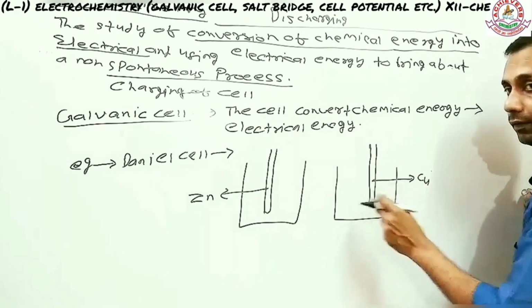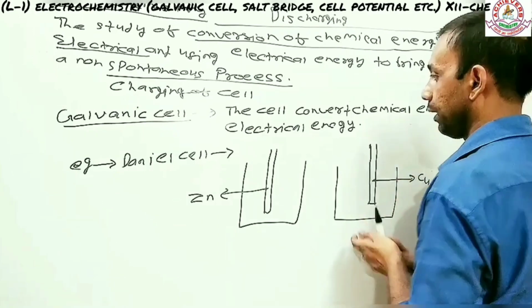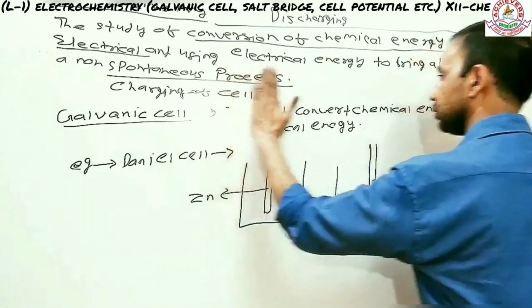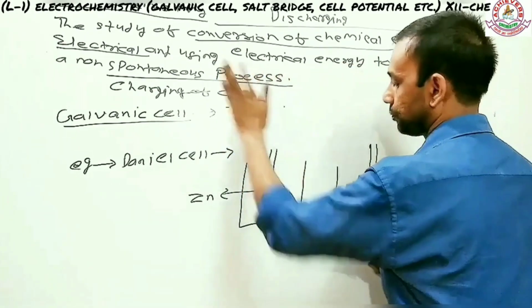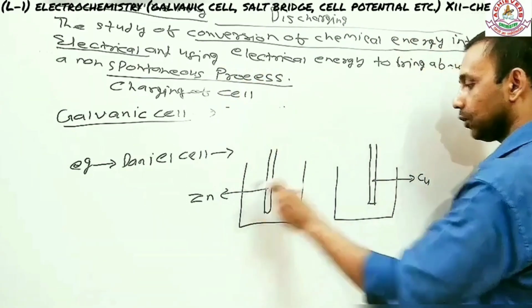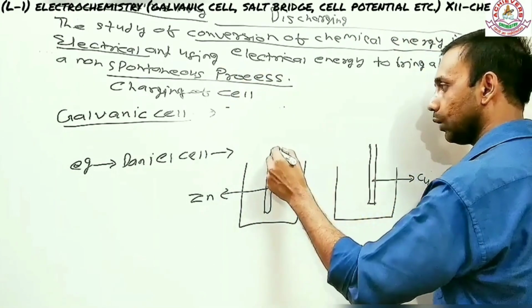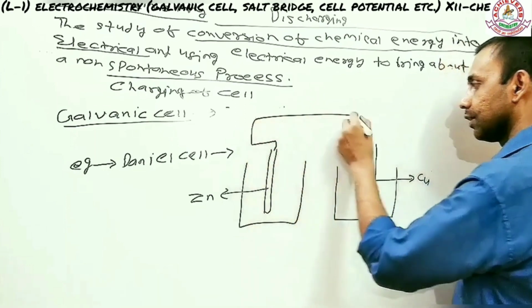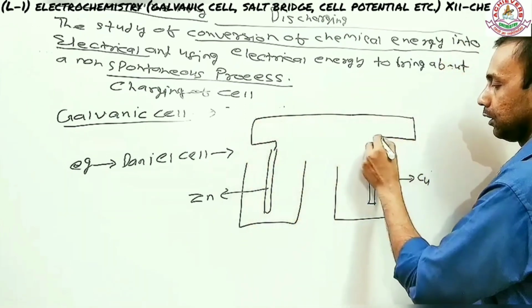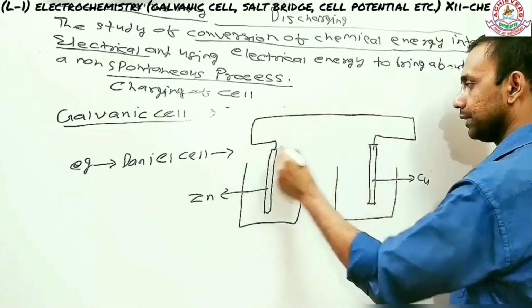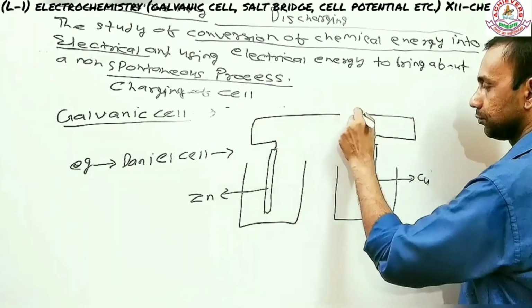This is something also from the 11th. I hope you have copied it in your notebook. So that's a zinc electrode. There is a copper electrode. These two have been connected with a wire. You can also place a switch or something.